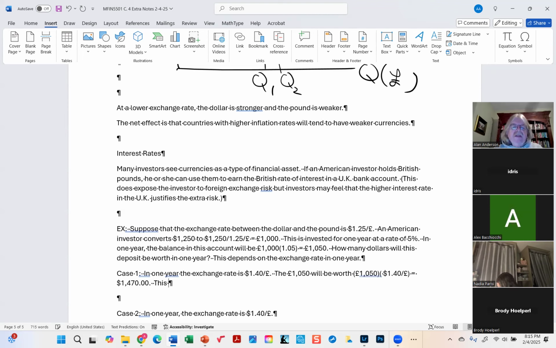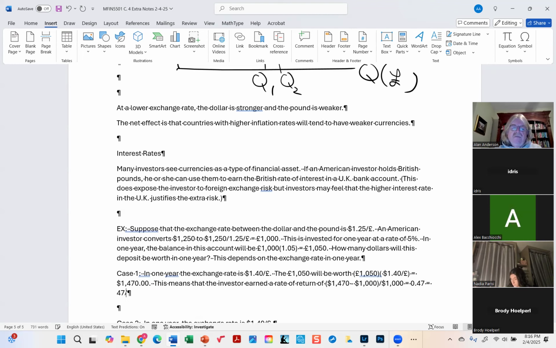Great. This means that the investor earned a rate of return of, and so it's 1470 minus 1,000 divided by 1,000, that's a pretty hefty rate of return. Sounds awfully high, doesn't it?